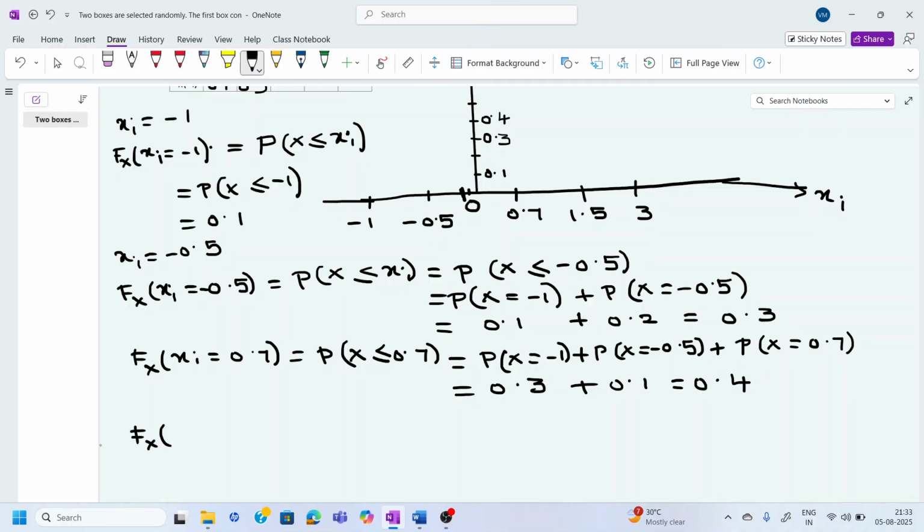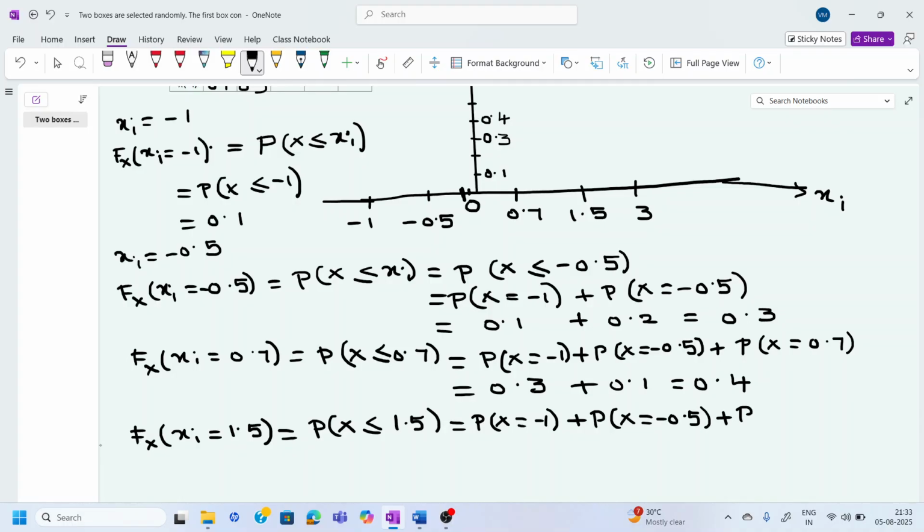Next, Fx of xi at 1.5. That is equal to probability of x less than or equal to 1.5, which includes probability of x equal to -1 plus probability of x equal to -0.5 plus probability of x equal to 0.7 plus probability of x equal to 1.5.